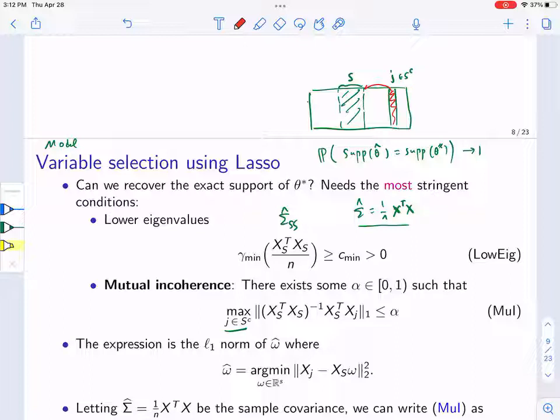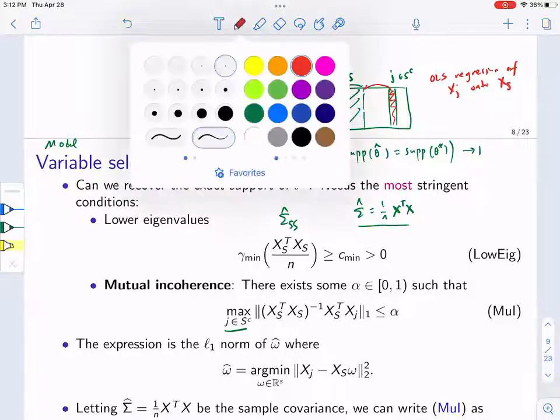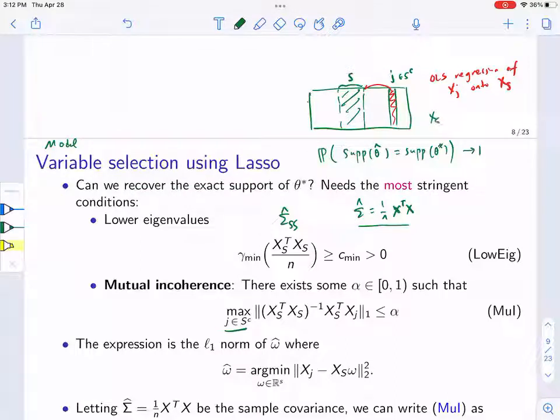So OLS regression of xj onto xs would give me the estimate (xs transpose xs) inverse xs transpose xj. So I want this to be small. Basically, this is saying that this column is not that correlated with this. But then I have many of these. So I want basically all of them to be uncorrelated.